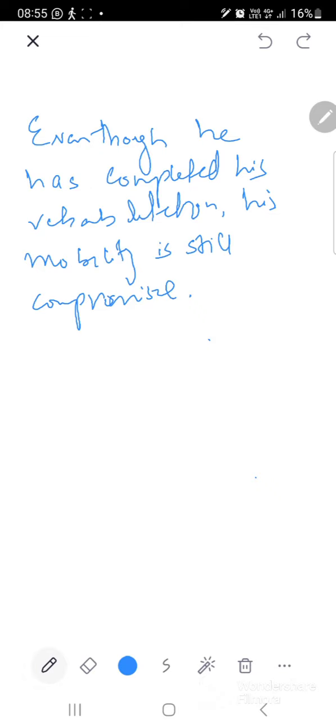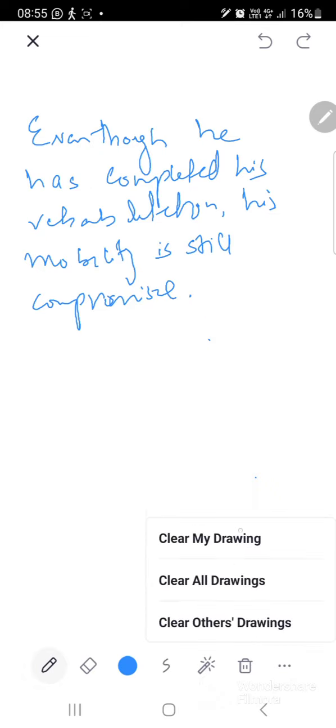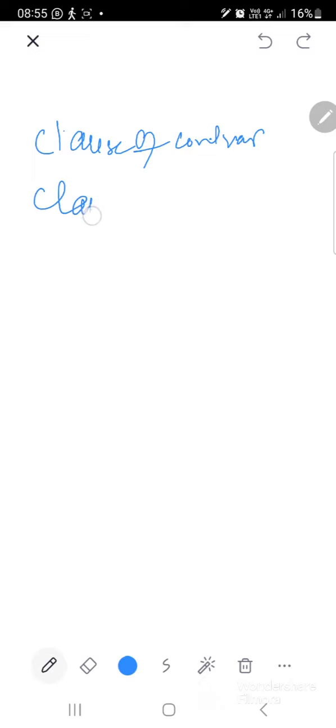So we can use the clauses in the grammar portion. We can have the clause of contrast as I discussed with you. We have the clause of purpose. So what do we have in the clause of purpose actually?